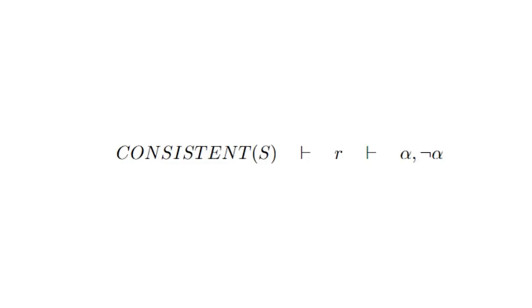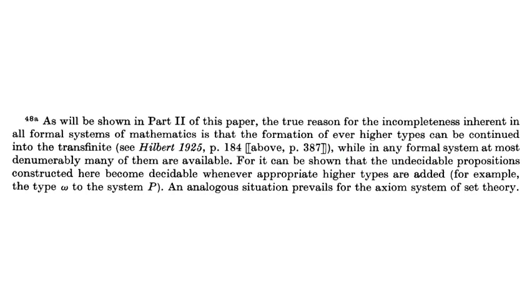Now, in his paper, Godel added a footnote saying, "As will be shown in part 2 of this paper, the true reason for the incompleteness inherent in all formal systems of mathematics is that the formation of ever higher types can be continued into the transfinite, while in any formal system at most denumerably many of them are available. For it can be shown that the undecidable propositions constructed here become decidable whenever appropriate higher types are added.